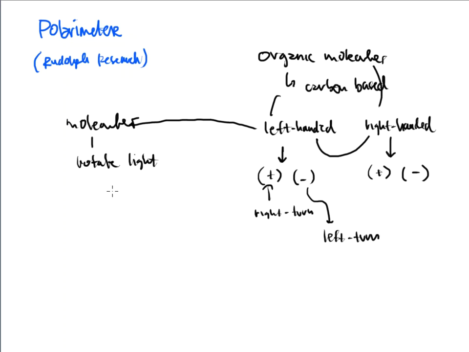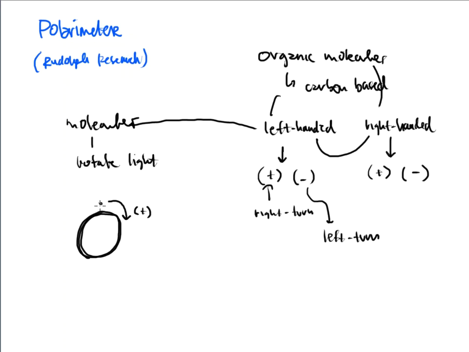Well, what do I mean by that? Let's say that we are looking down a tunnel. Okay? And let's say that at the end of this tunnel is a light source. This molecule can take that light source and turn it right-handed. And if it does, that is what we call the positive orientation.